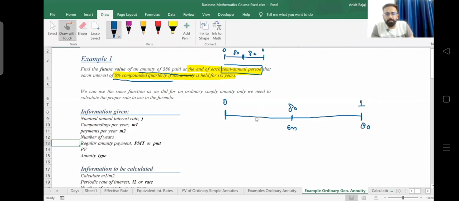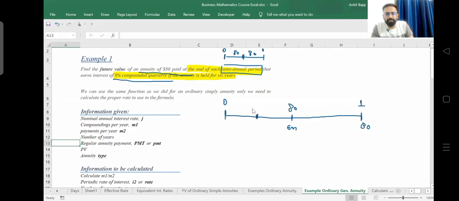So for this $80 you will be getting interest here and here, and for this $80 you will be getting interest here and here. It means you will be getting interest 4 times and investing your money 2 times, right? So here we have to find the effective interest rate, or you can say the equivalent interest rate.